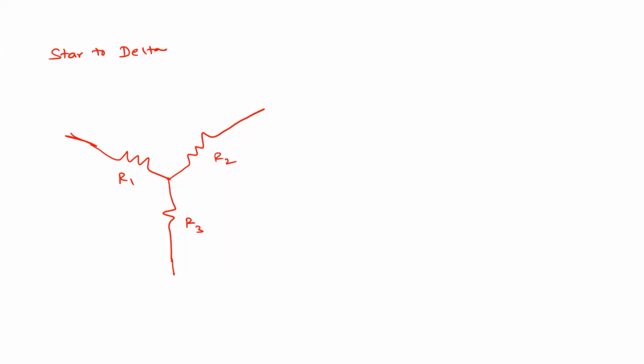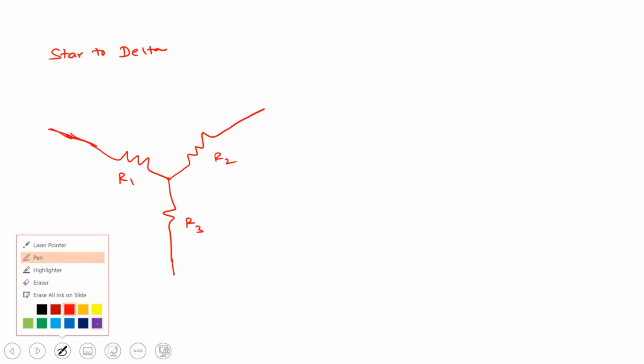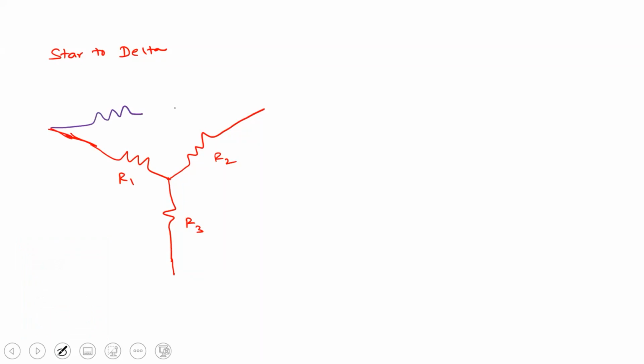Okay. So now we have some star network, some star connection, and you want to obtain its equivalent delta connection. So what is its equivalent delta connection? Just draw it. Something like this. So this is its equivalent delta connection.